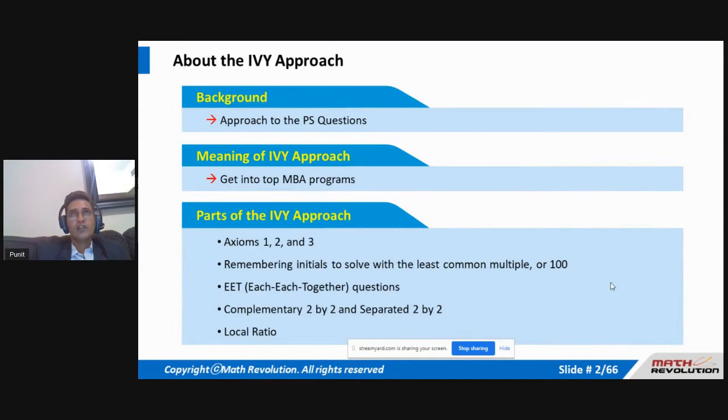Then there will be a discussion on each-together questions, which are majorly questions based on mixtures. Then I'll talk about how we form a complementary 2 by 2 table, how it is different from a separated 2 by 2 table, and we'll talk about local ratios. Every concept I go through has a question attached to it, so that we will be able to see the applications as well.